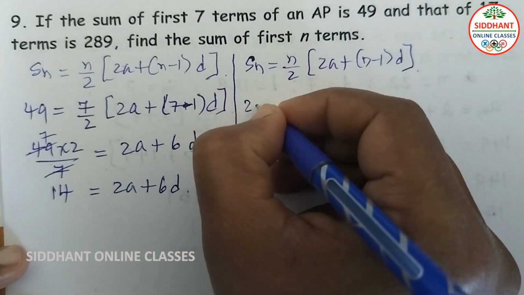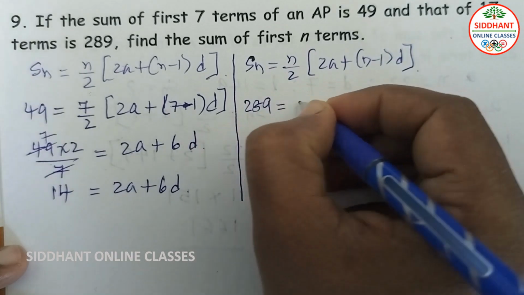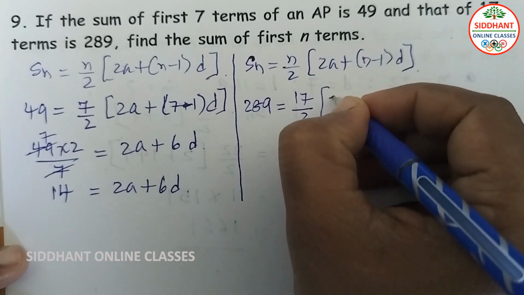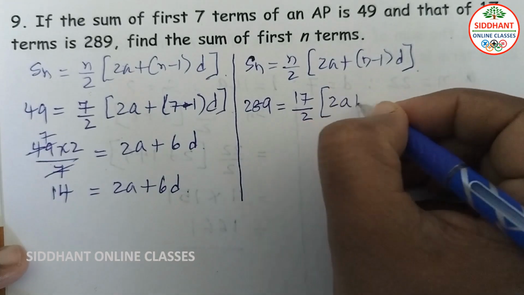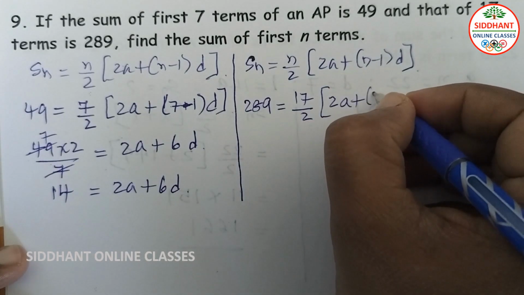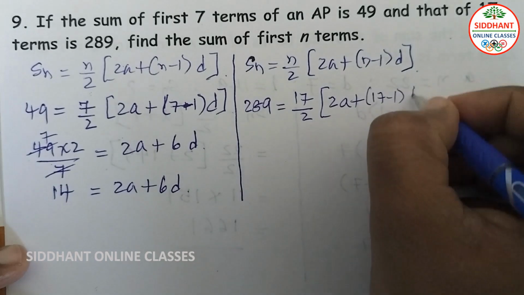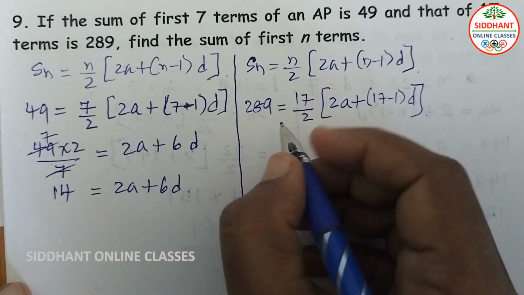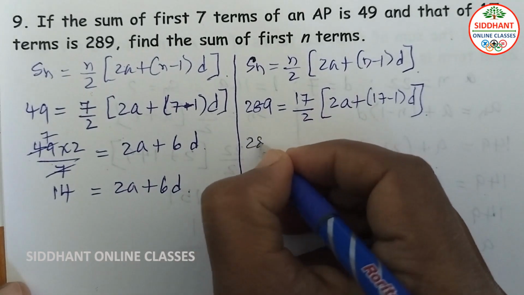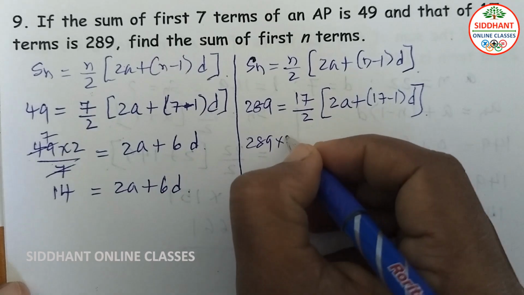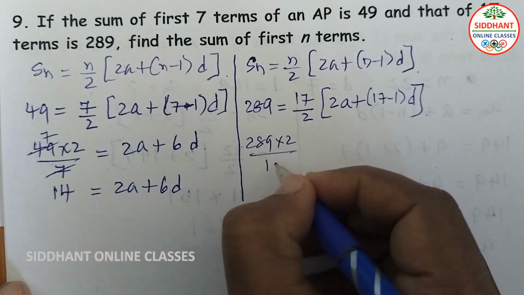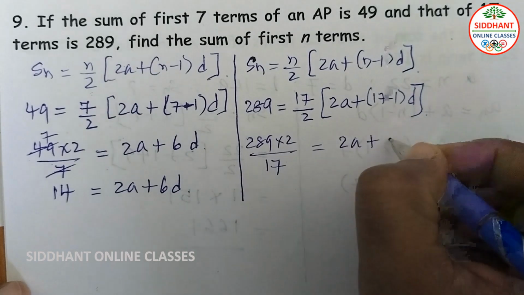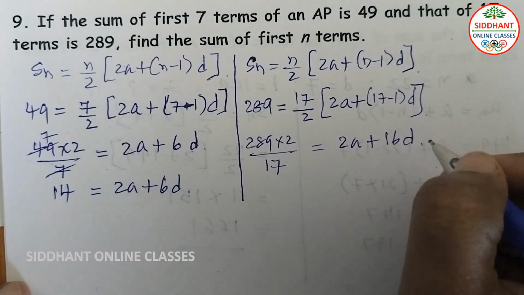So Sn is 289, that equals n is 17 by 2, then (2a plus (17 minus 1)d). So here, cross multiplication: 289 into 2 by 17 equals 2a plus 16d.